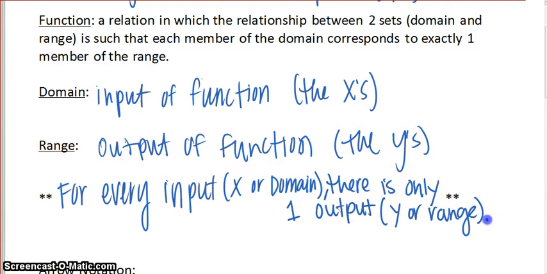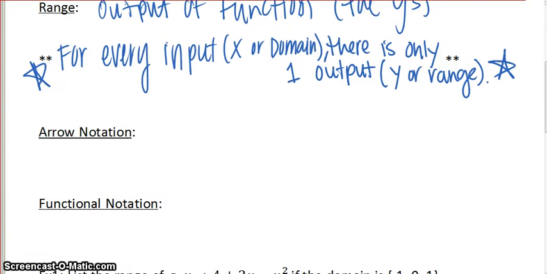So every input, only one output. That means if you have an x, like 5, you can only have one y that corresponds with it. You can't have 5, 1 and 5, 3.